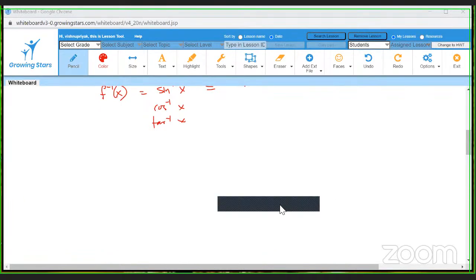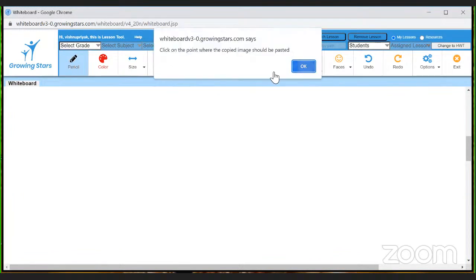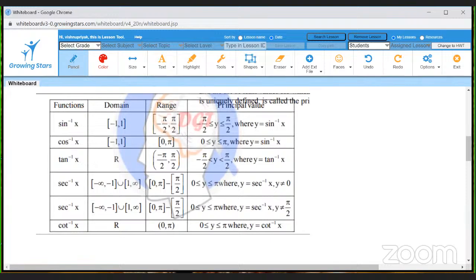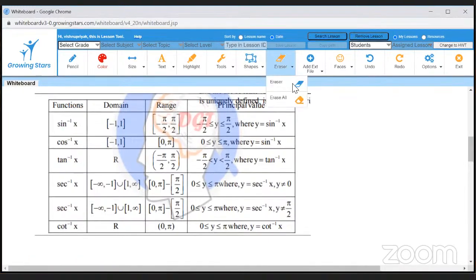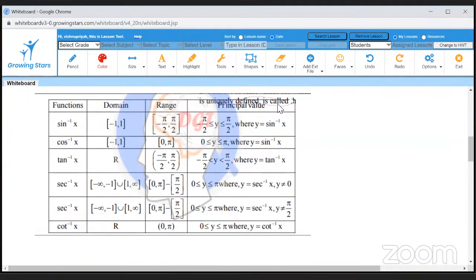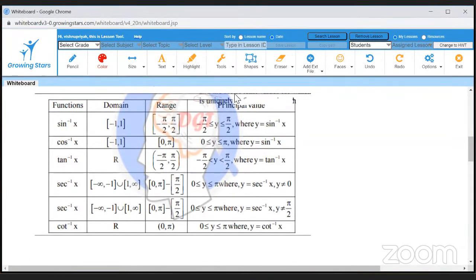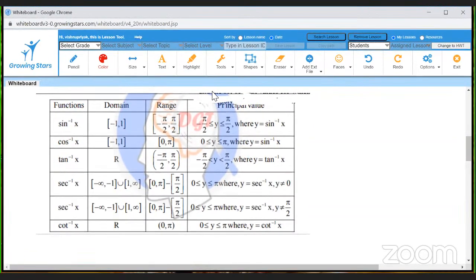That means you must know what is function, what is domain, what is range, what is principal value. Principal value means when you are writing the angle, you have to write the smallest possible angle.